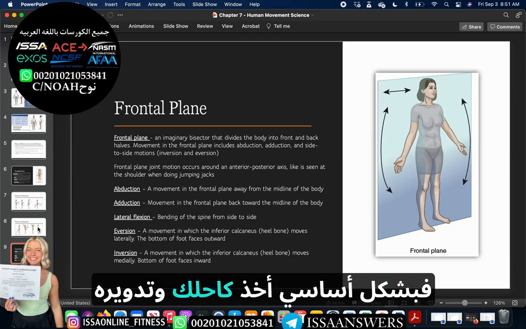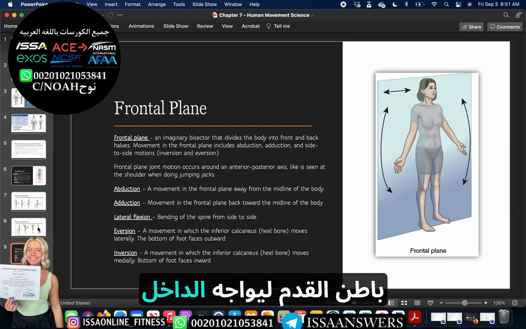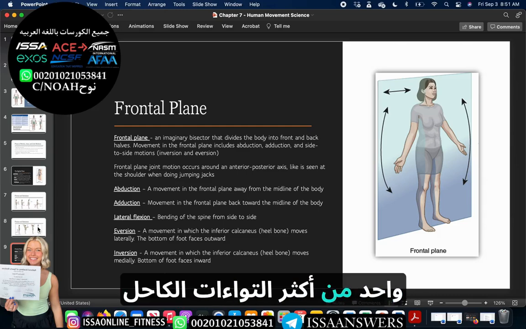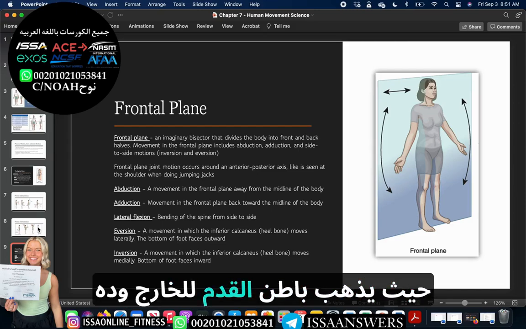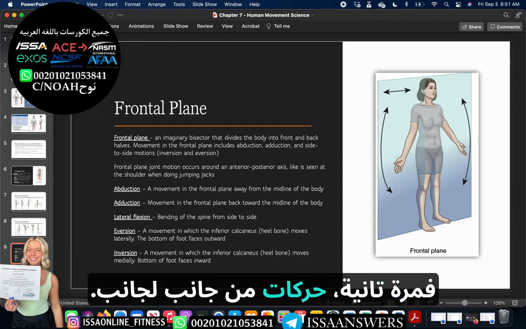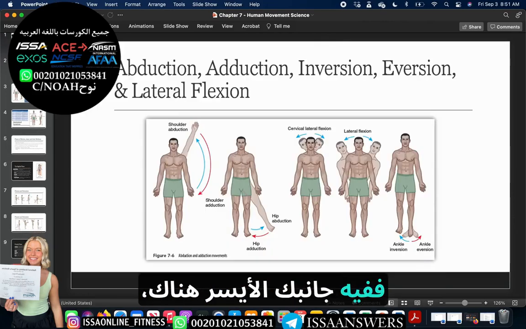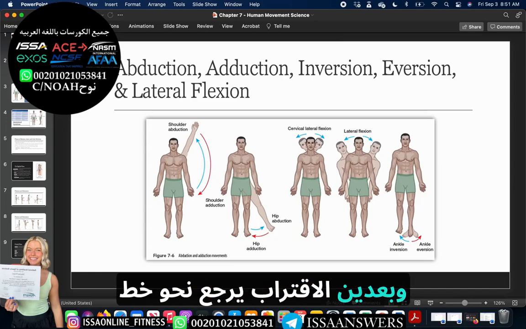So basically taking your ankle and rolling it so that the bottom of your foot faces inward is inversion. One of the more common ankle sprains, versus eversion where the sole of the foot goes out, and that usually can cause more damage. So again, side to side motions. There's your shoulder and hip ABD going up, and then adduction going back toward the center line.